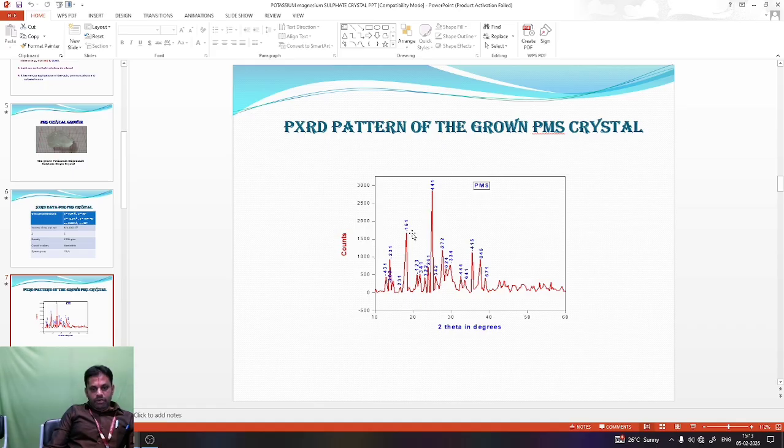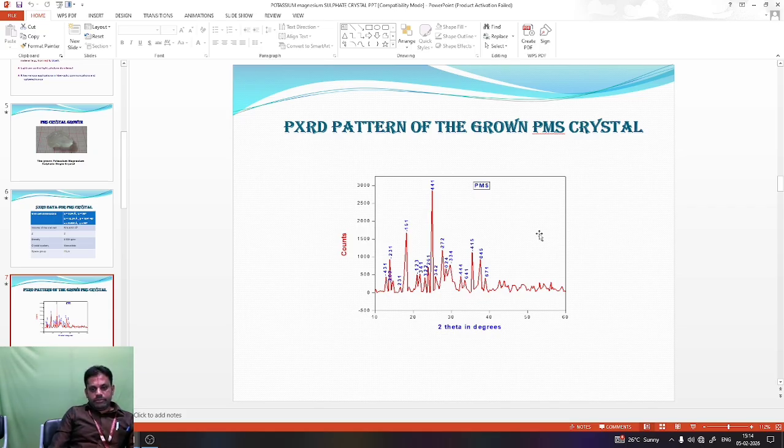Then the peak values 431, 231, 151 represent the crystal planes, the lattice planes. These are called Miller indices.